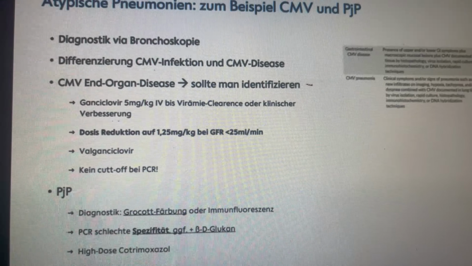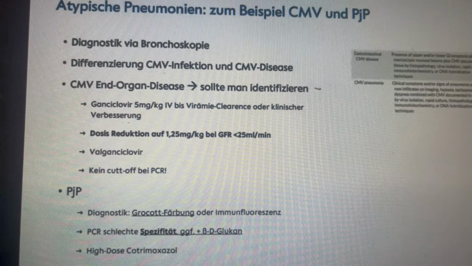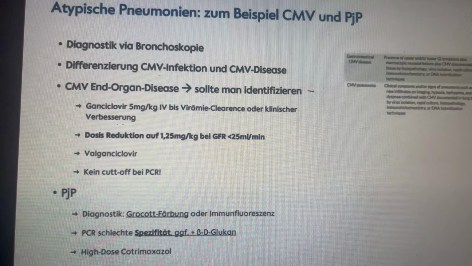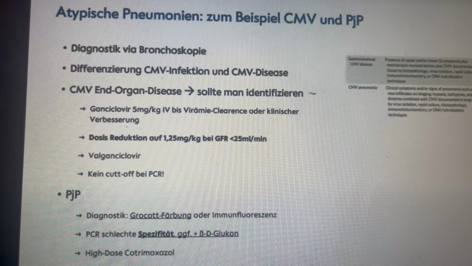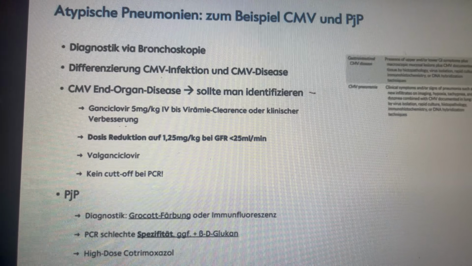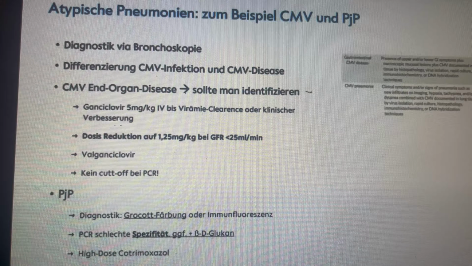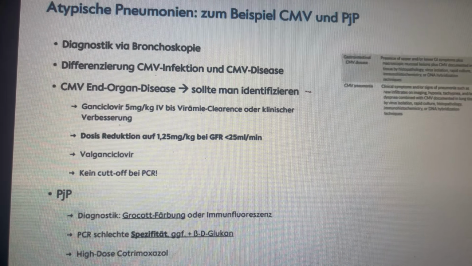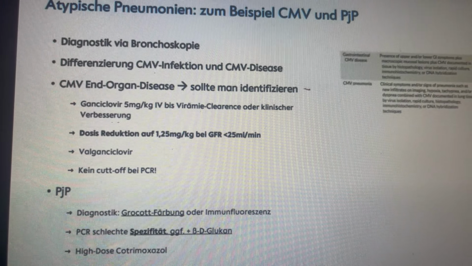And there's a special case if we have two pathogens, like atypical pneumonia. There's the infection of CMV and also Pneumocystis jirovecii pneumonitis.